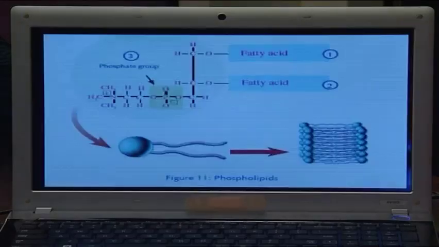I would like to explain that when you look to the figure in front of you. You have here 2 fatty acids only. We studied we have 3 fatty acids in the lipid, but here we have 2 only. Where is the third fatty acid? The third fatty acid here is replaced by phosphate and choline.